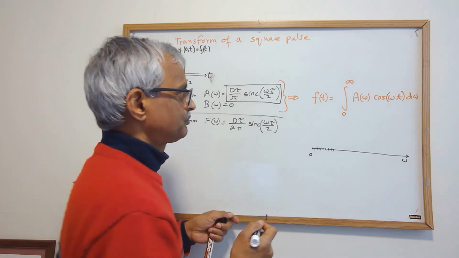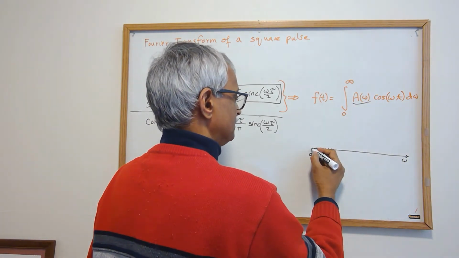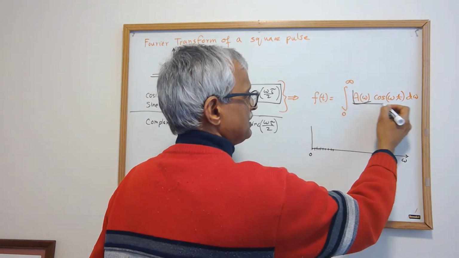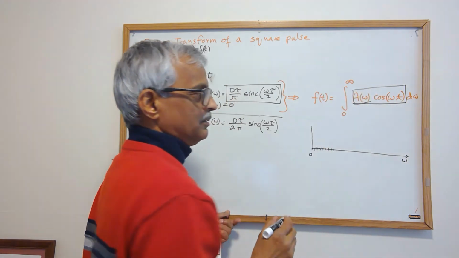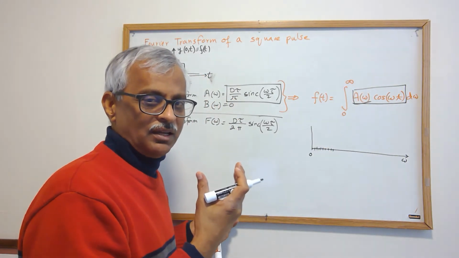So you can see this itself. I want to see what the net integrand looks like, right?